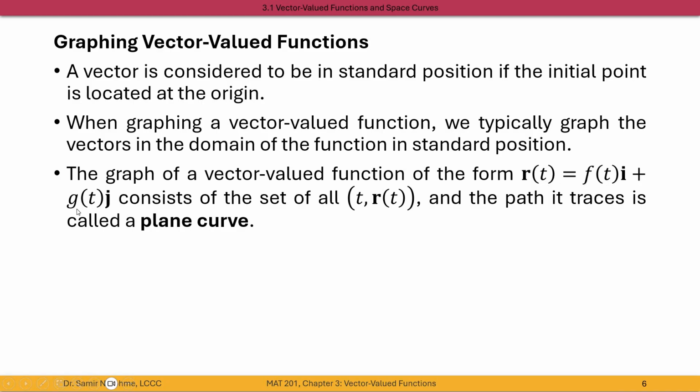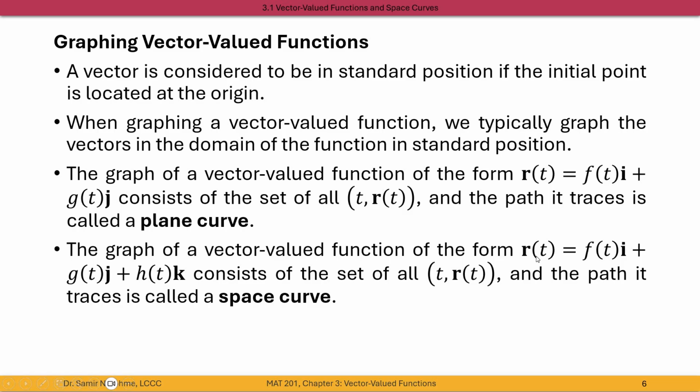If you have a 2D vector function, as you can see from this vector function, it's gonna trace a curve. This curve is called a plane curve. If you graph a vector function in 3D, the path it traces is called a space curve.